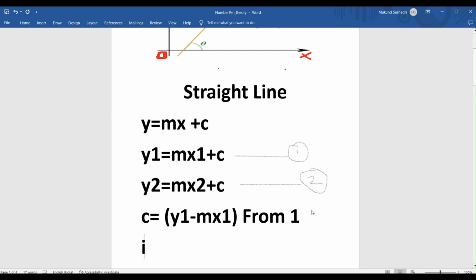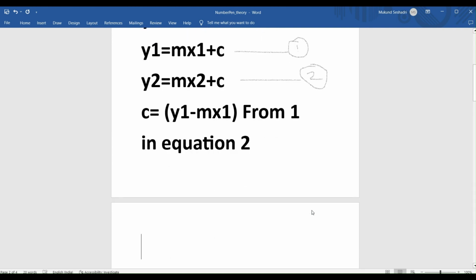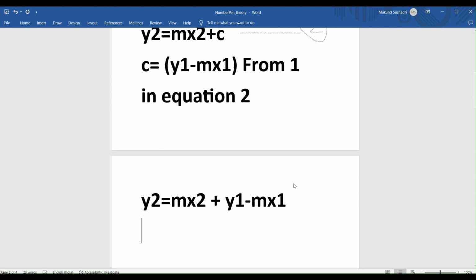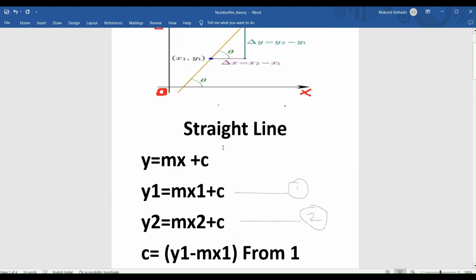In equation 2, I substitute for c, I'm sorry, for c, y1 minus mx1. So we have an output for m here, which is nothing but y2 minus y1 divided by x2 minus x1. So this is nothing but the slope of the line.